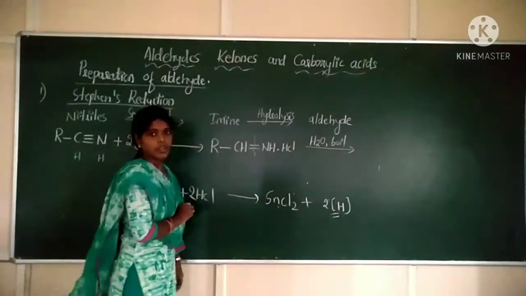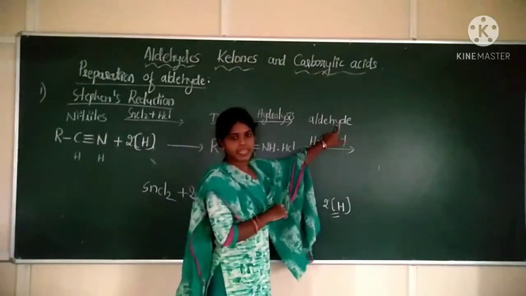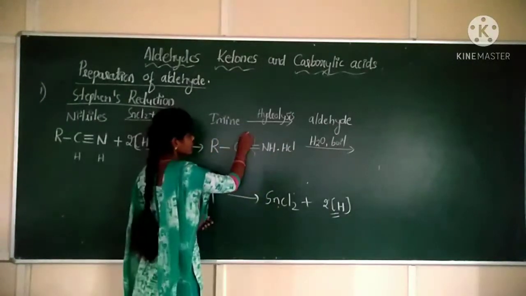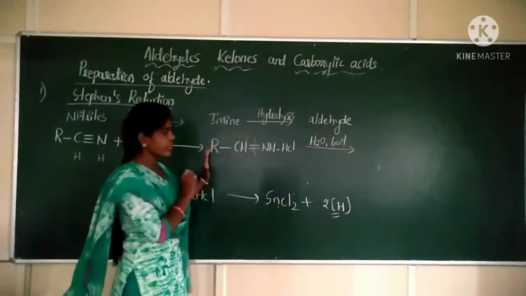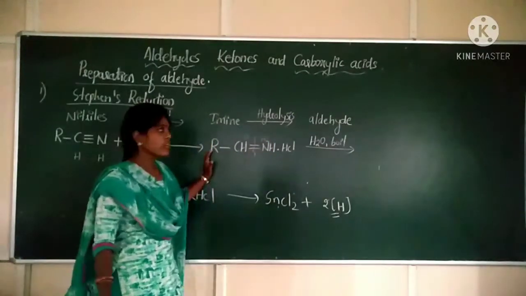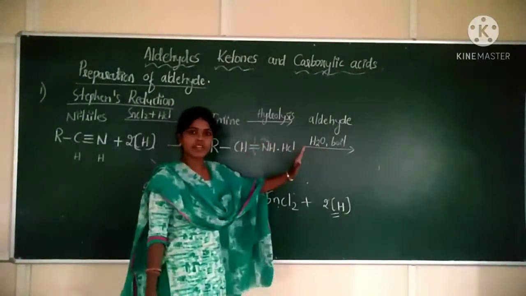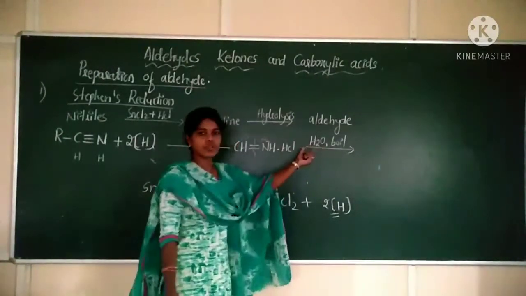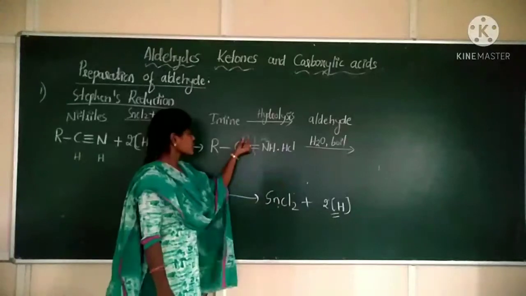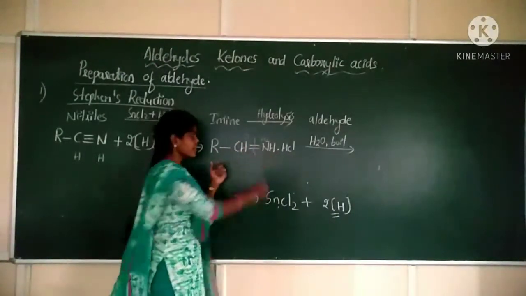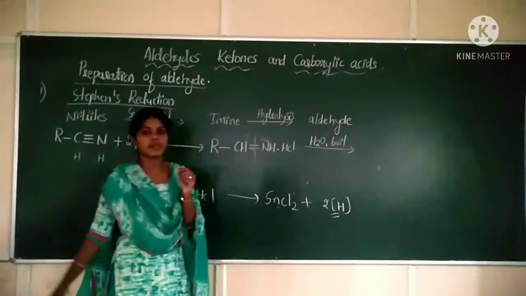What we need is aldehyde, so water. How to add this water? Add oxygen to the right side and hydrogen to the left side. What is hydrolysis? Addition of water and breaking the bond. Add the water molecule such that oxygen is added to the right side and hydrogen is added to the left side of this double bond.